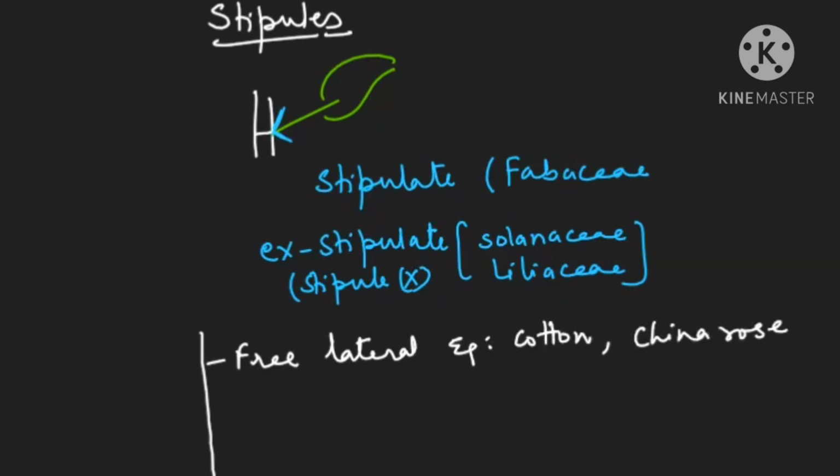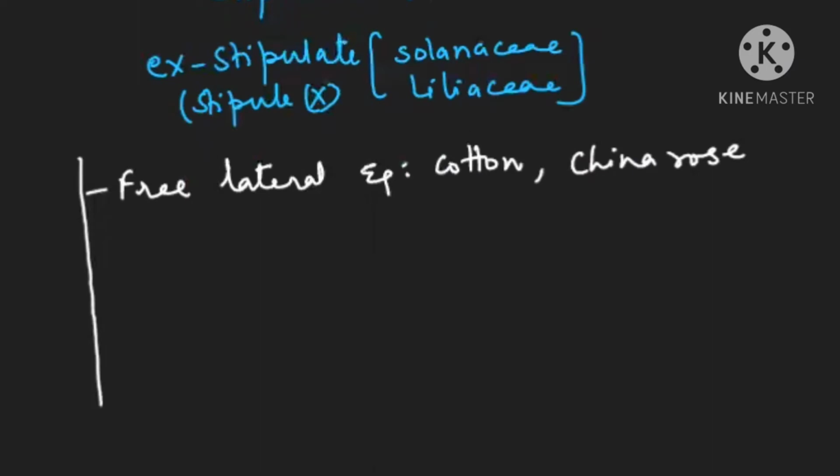Is it clear? Or it can become leafy. So we will say foliaceous. And this condition will be seen in the pea plant.